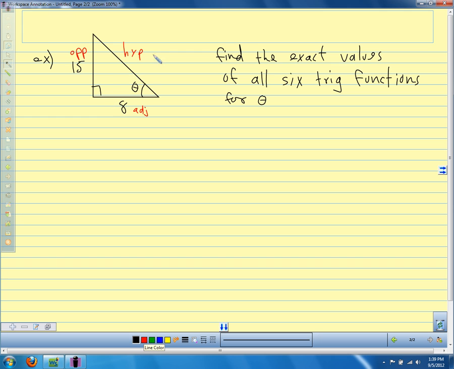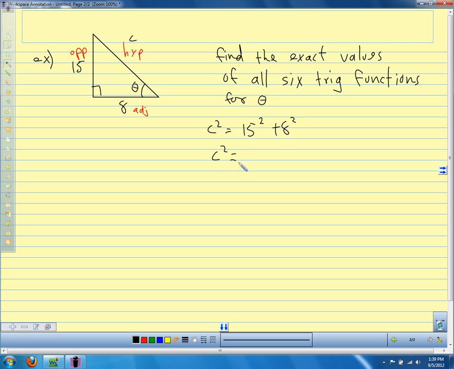Now we're missing the hypotenuse. What can we always use on a right triangle? A squared plus b squared equals c squared always works on a right triangle. So let's call this side C. Our hypotenuse is C. So we know that c squared equals 15 squared plus 8 squared.